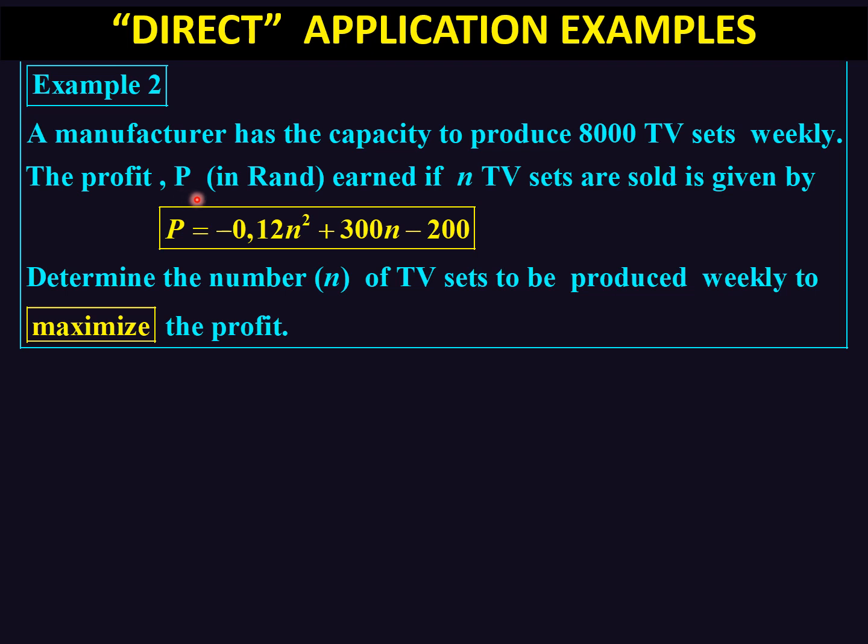The profit P in rand earned if a number N of TV sets are sold is given by that. This here again is our objective function. N is the number and P is in rand, the unit of South African currency. Determine the number of TV sets produced weekly to maximize the profit.